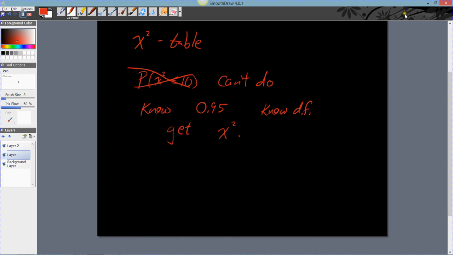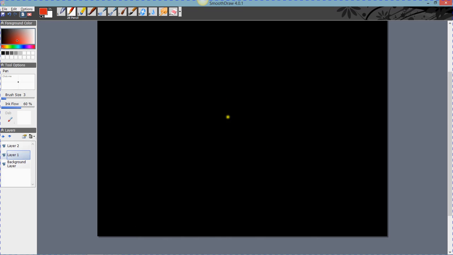Alright, so let's actually do a hypothesis test, because that's what you're going to be using this for anyway. So let's say the standard deviation is supposed to be 4 days of hospital stay after a car wreck.